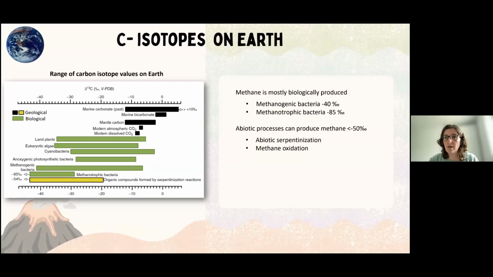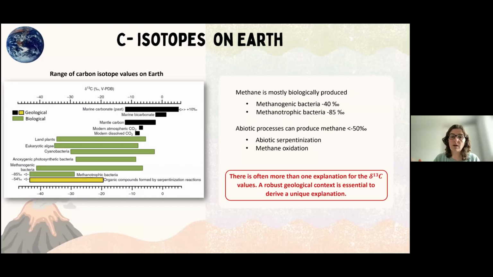So consequently, carbon isotopes are a very, very powerful geochemical tracer, but there is often more than one explanation for the delta carbon 13. And I think that this is a very important message from this seminar. Whether the end goal is to trace the carbon cycle or find evidence of biological activity, we need a strong geological context to derive a unique explanation of the signature that we are getting.